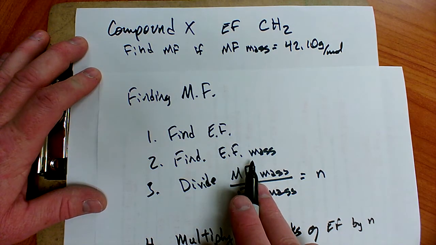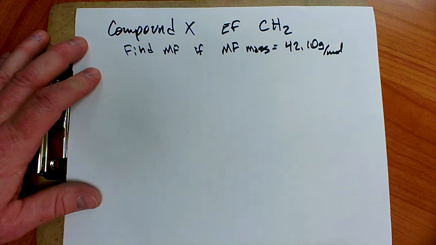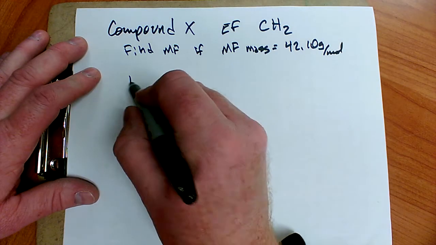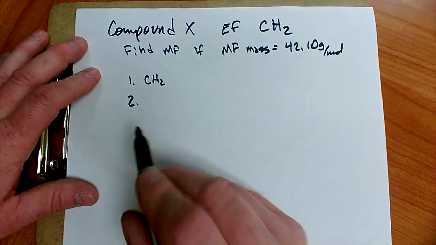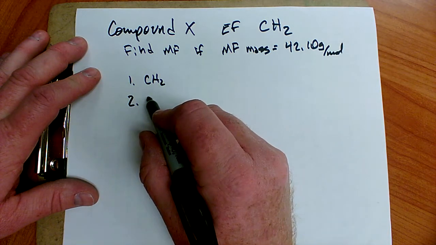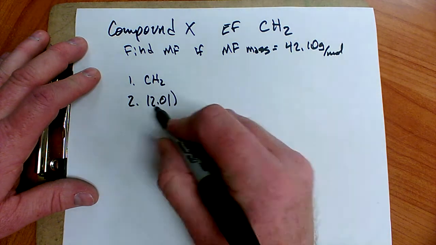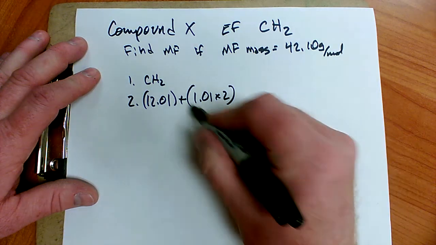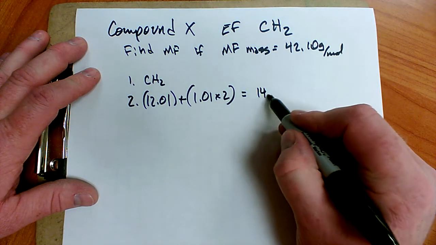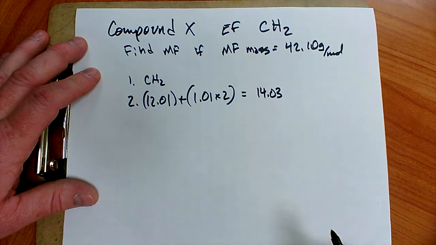Okay, well, empirical formula mass. So step 1 is CH2. That's my empirical formula. Step 2 is to find the empirical formula mass. That is carbon, which is 12.01, plus 1.01 times 2 hydrogens, and I get for that 14.03. That's grams per mole.